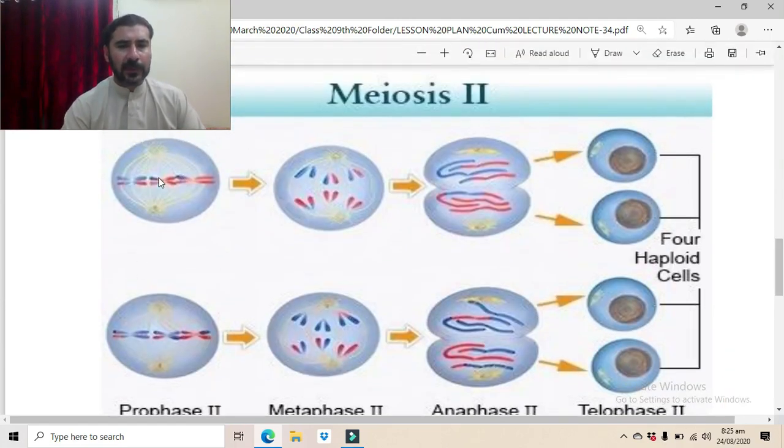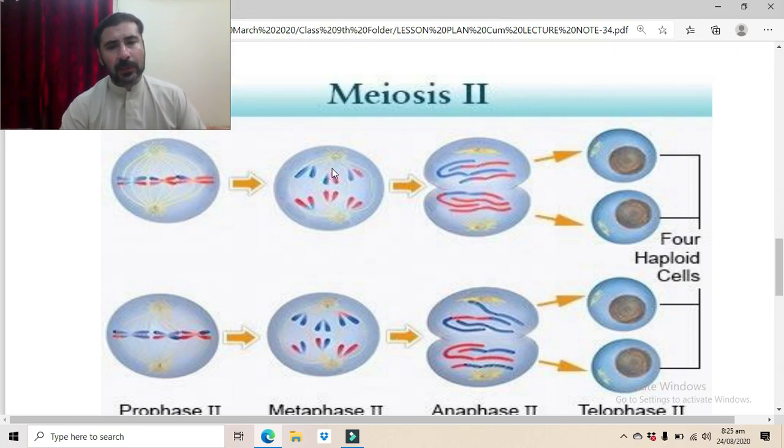This is the metaphase where the chromosomes arrange themselves on the equatorial plate at the central region of the cell, forming this metaphase plate. Then this is anaphase. The chromosomes are pulled, the centromere will split, and half the chromatids move towards one pole and half will move towards the other pole.